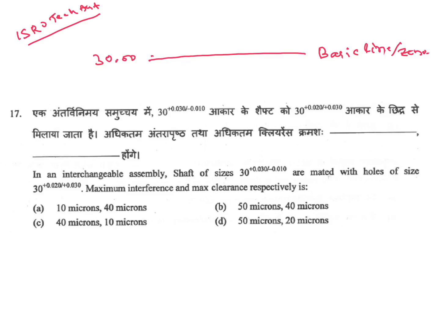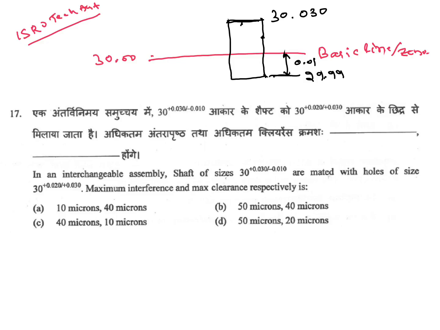Then it's minus, so this point is 30.030. This is 30 minus 0.01, so you will get 29.99 mm. This is the minimum limit of shaft, and 30.030 is the maximum limit of shaft.